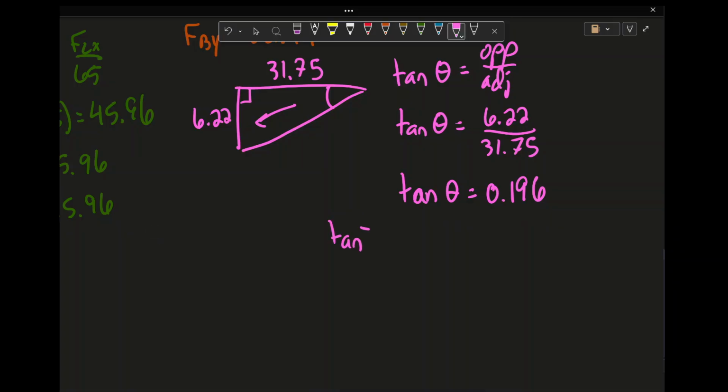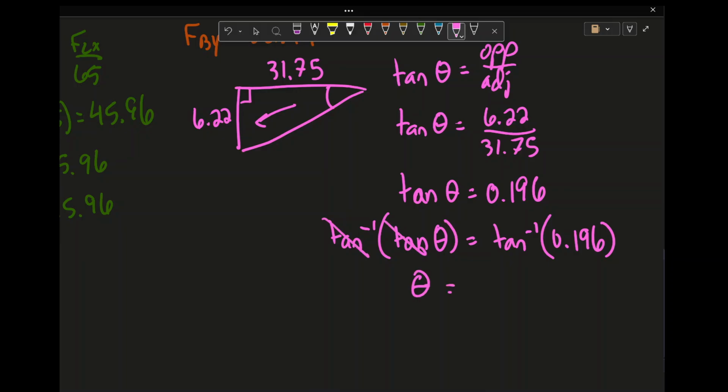So that means inverse tangent, which you hit shift tangent on your calculator. Inverse tangent gets rid of tangent, and you have to apply it to both sides. So if you do inverse tangent of tangent, that just gives you theta, and then you do inverse tangent of that number, and it gives you 11.08 degrees. So that would be 11.08 degrees in there.